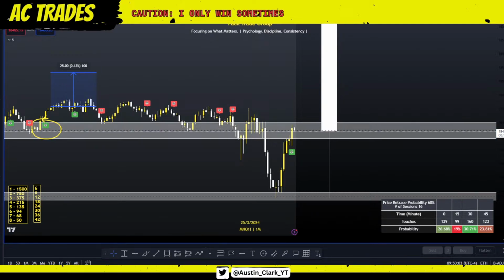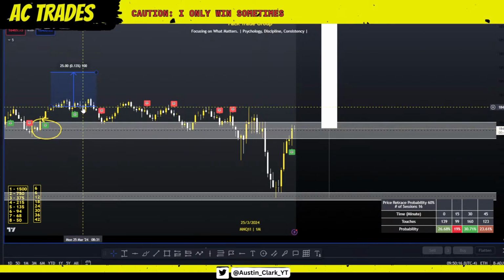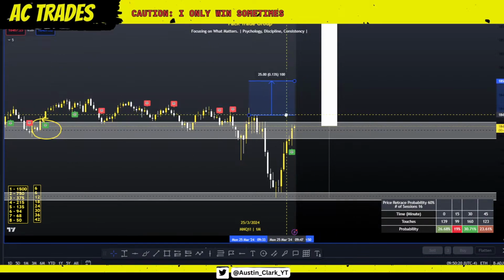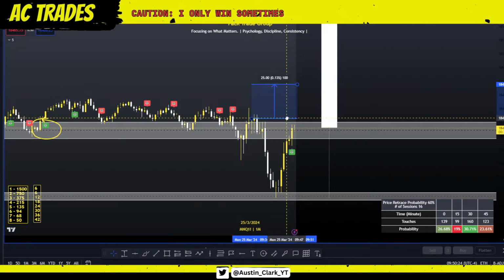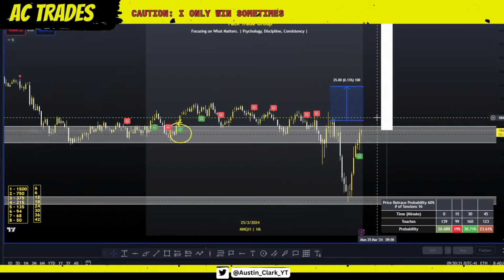Added to my position. That lowered the overall price movement needed to get to my take profit now. So now my average position is 474.71. So let's move this down here. 474, we'll put it 75 there. And now there's my 25 points.